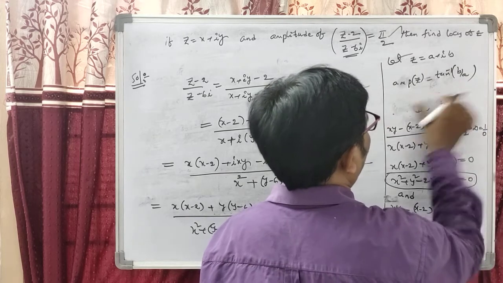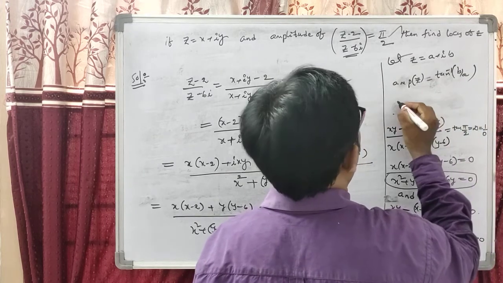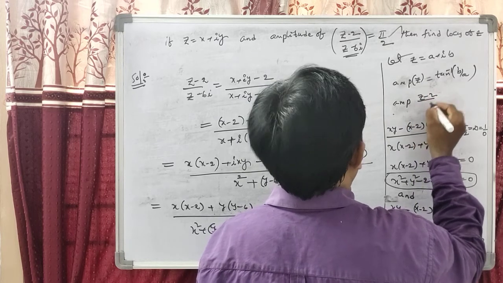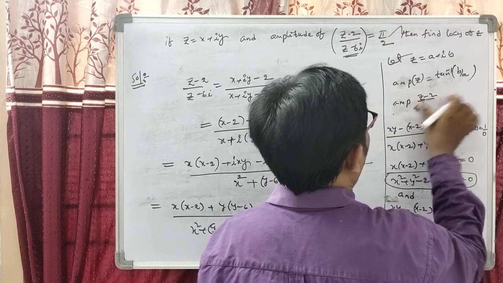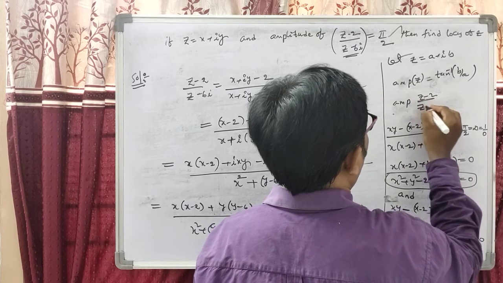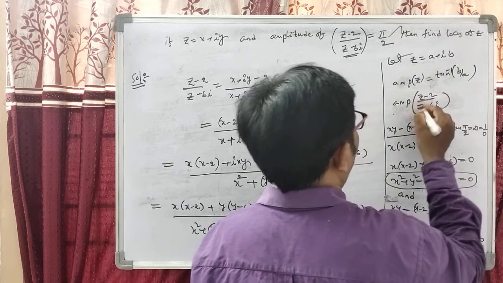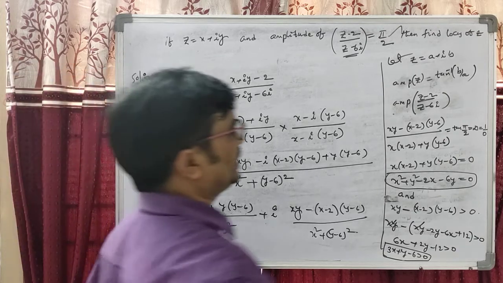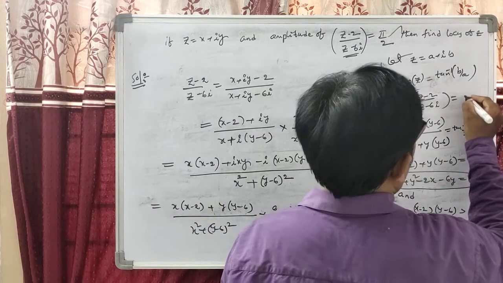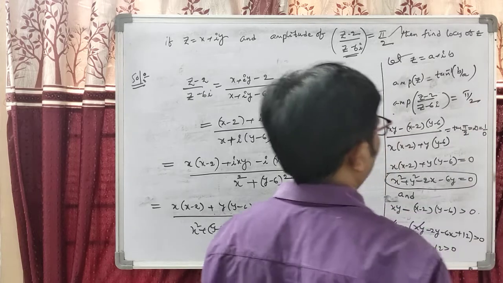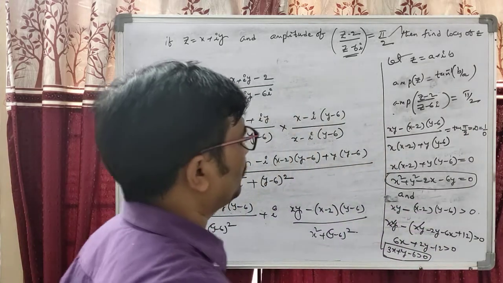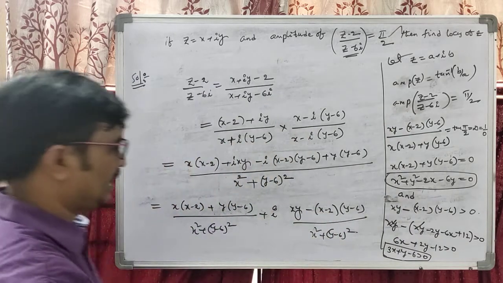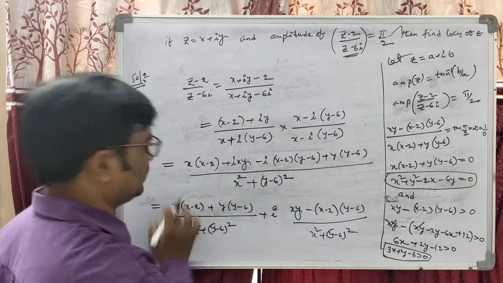Given that the amplitude of Z minus 2 by Z minus 6i is pi by 2. This is the formula: tan inverse of this one by this one.